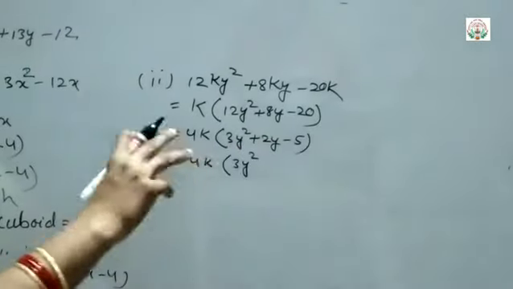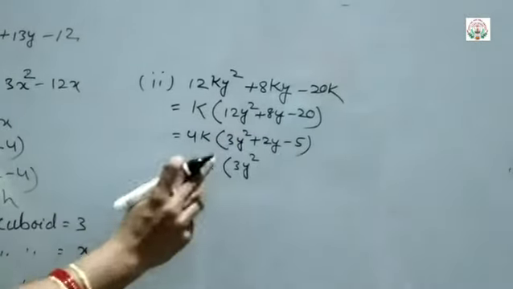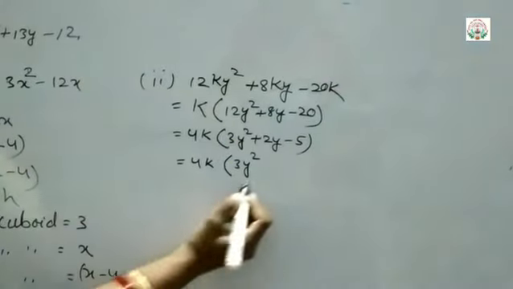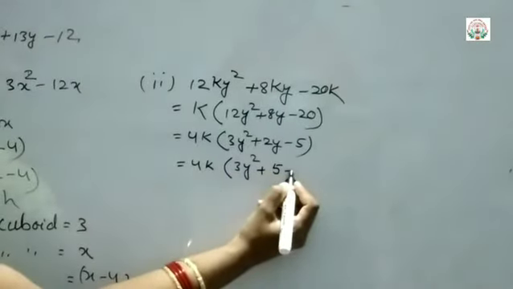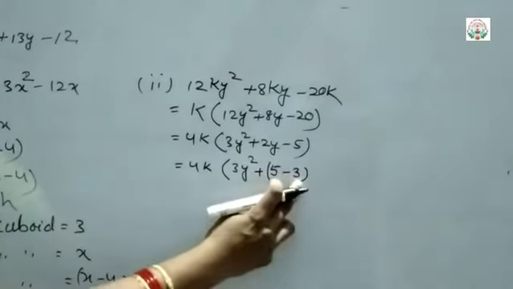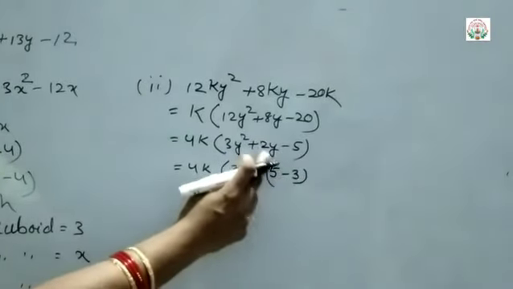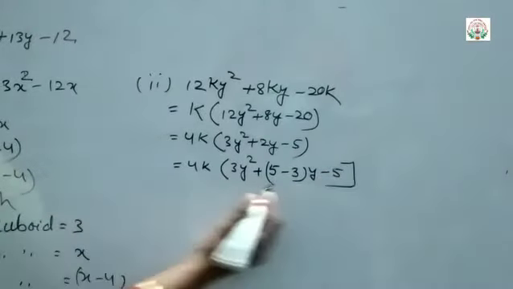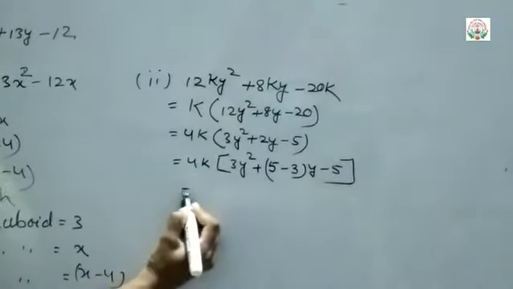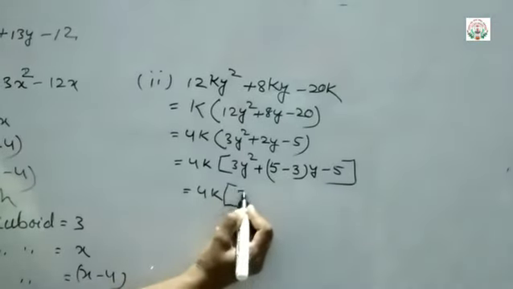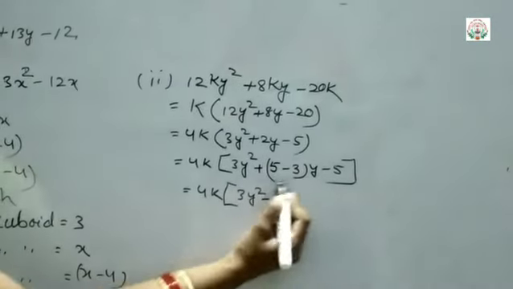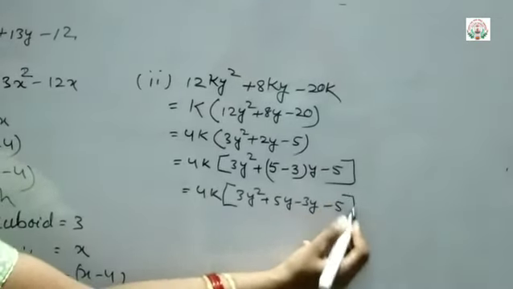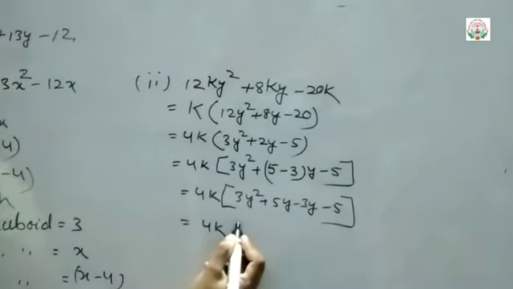Now in this way you will split. On multiplication you must get 15, and on addition or subtraction you must get 2. So plus 5 minus 3. On multiplication you get 15, and on plus or minus you get this. Then y minus 5. This equals 4k, then 3y square plus 5y minus 3y minus 5, which equals 4k.